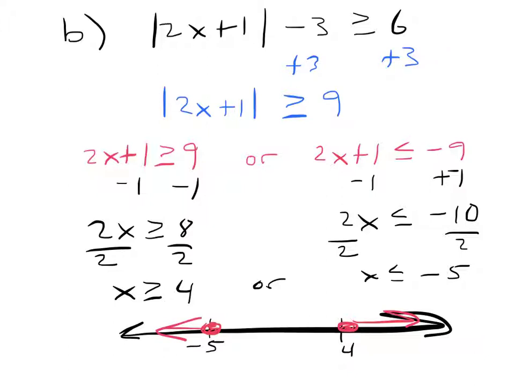Alright, that should give you pretty much everything you need to know about absolute values. Good luck. On second thought, let's go ahead with one more thing. What you have to watch out for with absolute values is this. If I gave you that the absolute value of 2x plus 3 is greater than negative 5, you actually don't have to do any work.